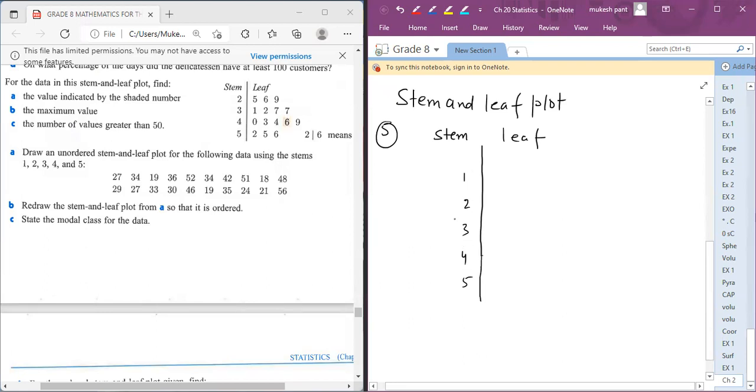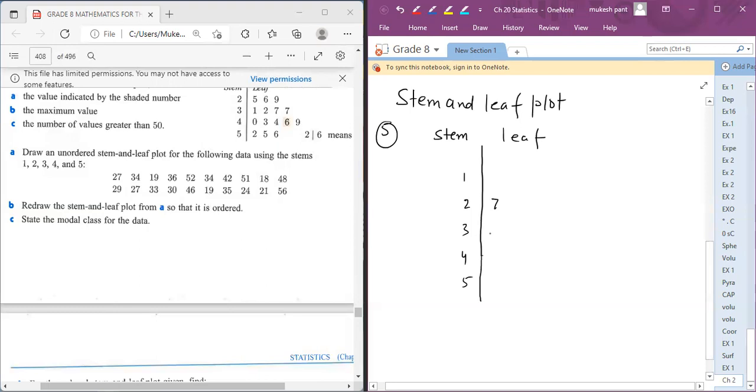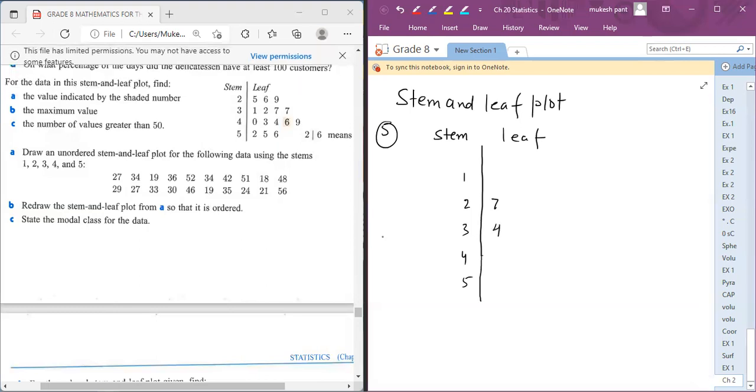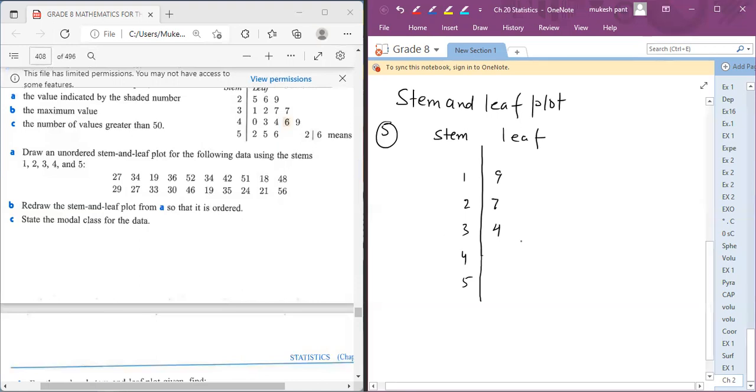Now in the first case, no need to put them in order. You can simply write them unordered. First 27, so you write 7 here. Then 34, 4 here. Then 19, this is 9 here. Then 36, here.